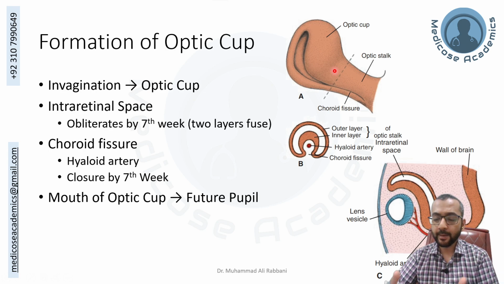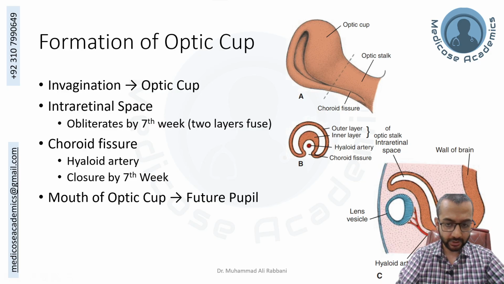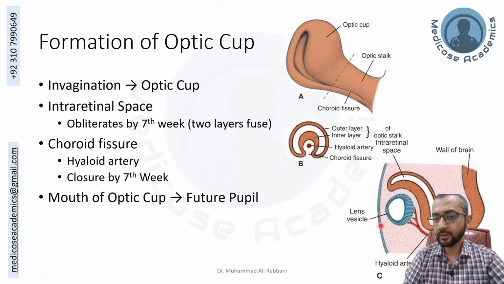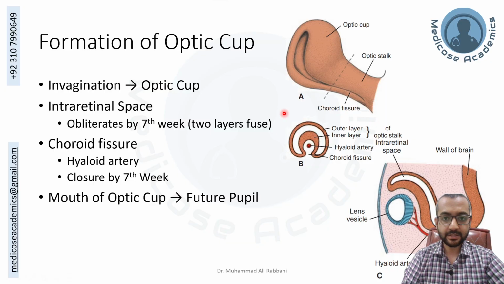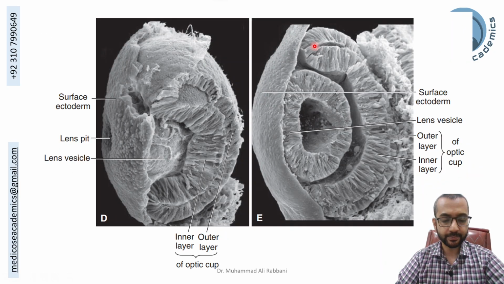This allows the mesenchyme to enter into the cavity of the optic cup, and it also allows the hyaloid artery, we'll see that shortly, to enter and supply the structures inside. As time passes till the 7th week, this ring that is left behind, this opening, will be the future pupil from where the light enters.